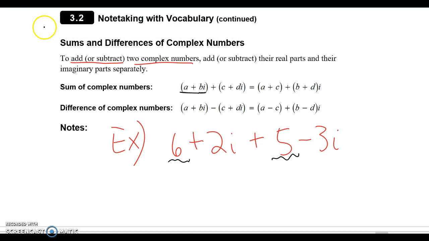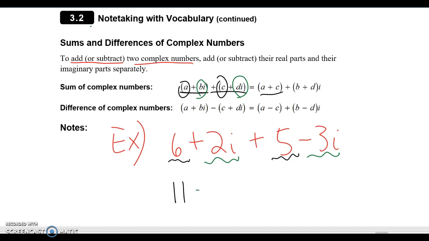Combine the real parts, a and c, so that would be 11. And then combine the imaginary parts, which would be bi and di. So 2i minus 3i is minus 1i. So my answer would be 11 minus i if I combined like terms here.